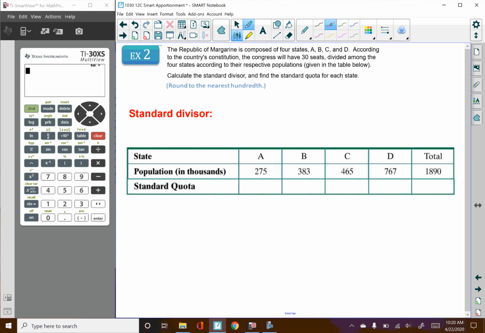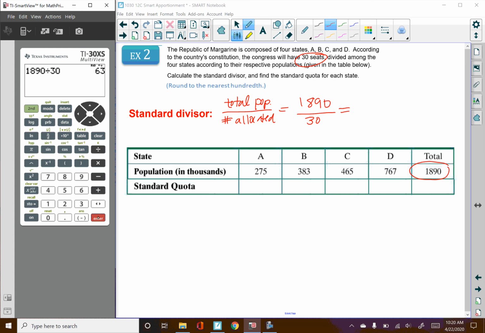To calculate the standard divisor, you do the total population and you divide it by the number of things being allocated. In this case, our total population is 1890, and we're dividing it by 30 seats. So 1890 divided by 30 gives us 63 as a standard divisor.